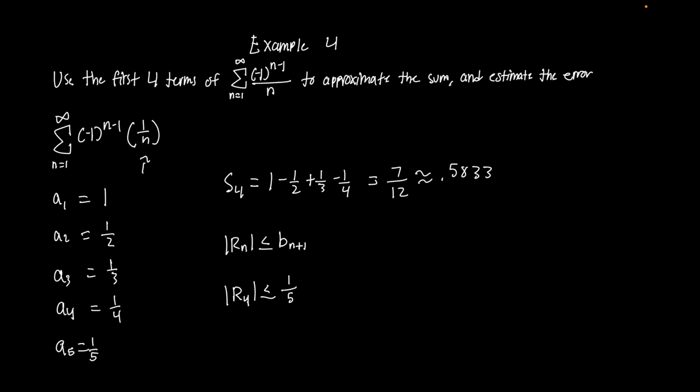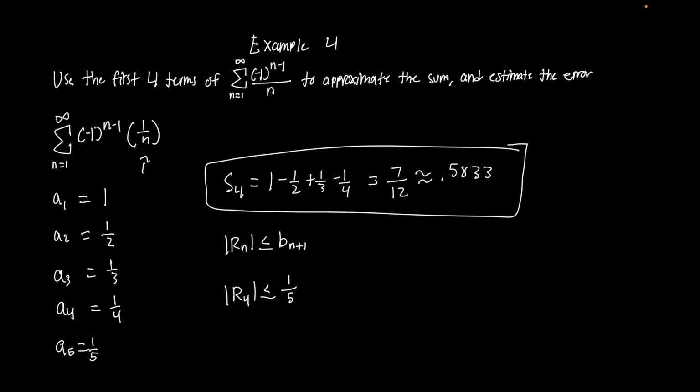I'm sorry, this is complicated, but it's just saying that the error is always going to be less than or equal to the next term. So there you have it, there's your approximation for the first 4 terms, and here's your error for the 4 terms.